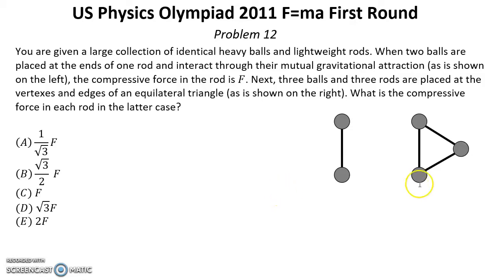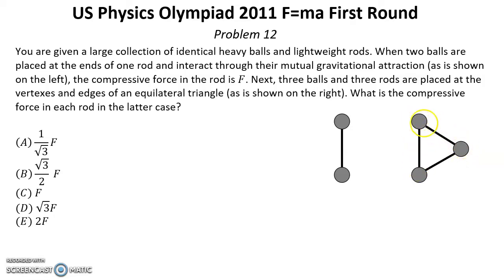Now if we look at the right picture, we have a construction in which each mass is connected through a rod with neighbor balls, and there are only 2 forces of gravity and 2 forces of compression.